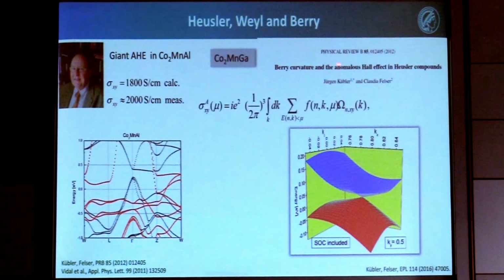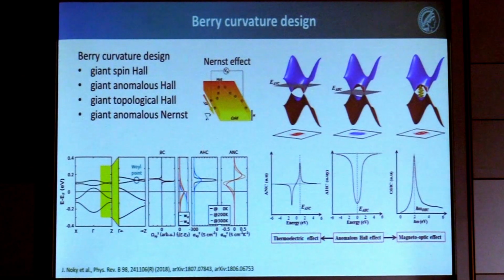Okay, so recently, in 2016, we revisited cobalt-2, manganese, gallium, and aluminium, and we could nicely see that we have nice Weyl points in these compounds, which are related to the large anomalous Hall effect in this compound. So in this sense, we can already say that the topological properties can maybe be useful for more than quantum computing.